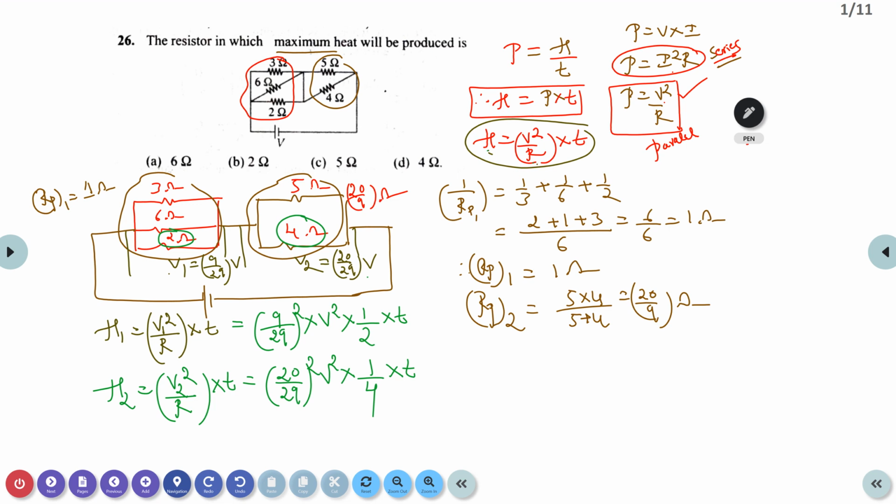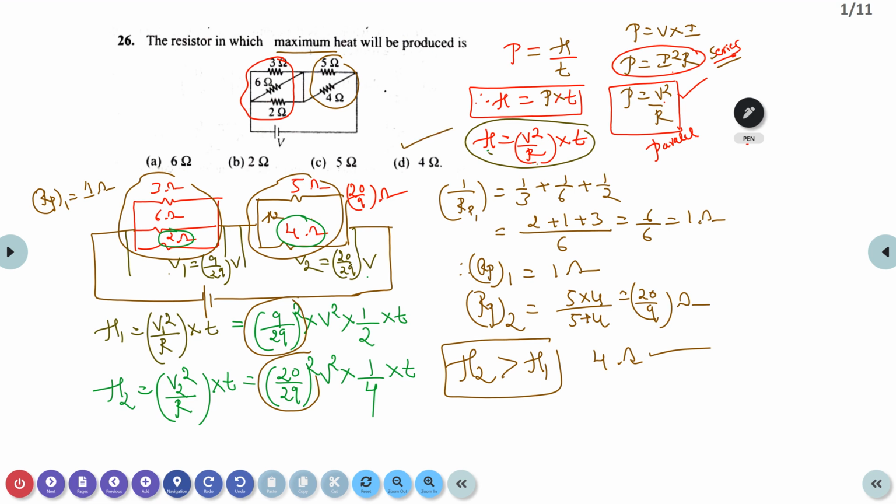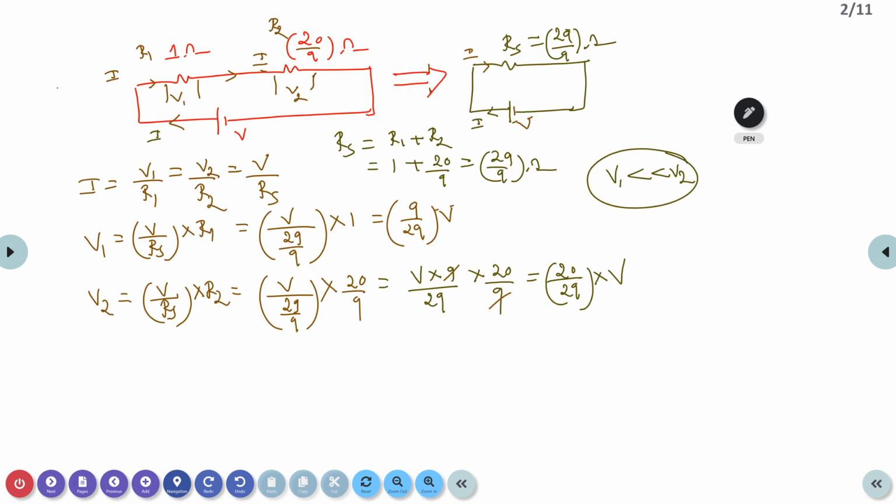You don't bother about V and all that. This quantity is very low and this quantity is more in comparison. So H2 is greater than H1. H2 is the heat generated in the 4 ohm resistor, so the answer is the 4 ohm resistor. I hope that is clear for you. This is the right answer. Next.